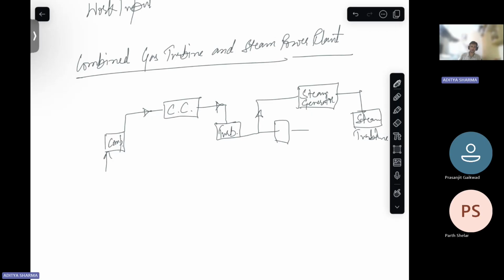Such a combination is your combined gas turbine and steam power plant. Basically, the heat from the exhaust of the gas turbine power plant is used to produce the steam for your steam power plant.